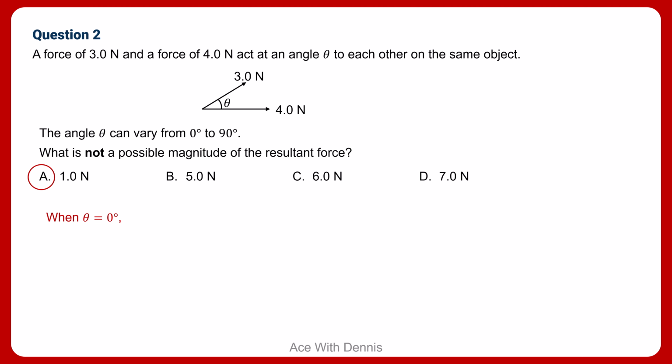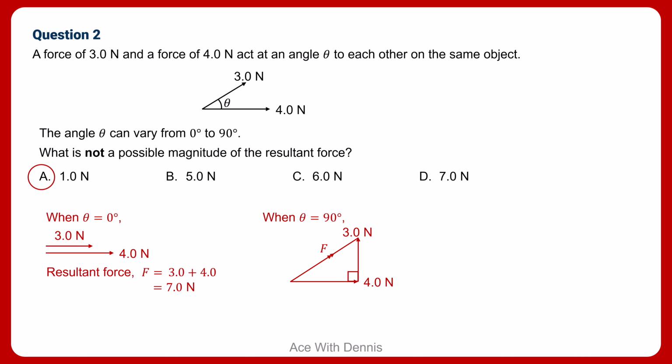We can draw a tip-to-tail diagram to determine the resultant force, and this is the resultant force. To determine its magnitude, we can apply Pythagoras' theorem, which is square root of 3² plus 4², equal to 5 newtons. Hence, the range of the resultant force F will be from 5 newtons to 7 newtons, and answer A, 1 newton, is out of this range.